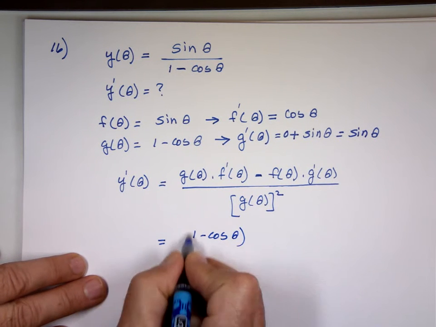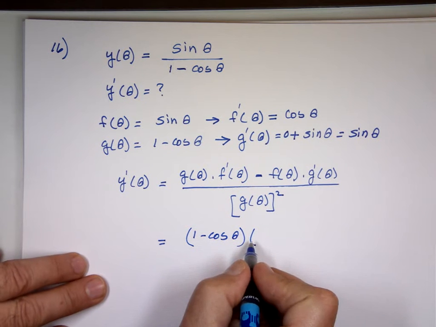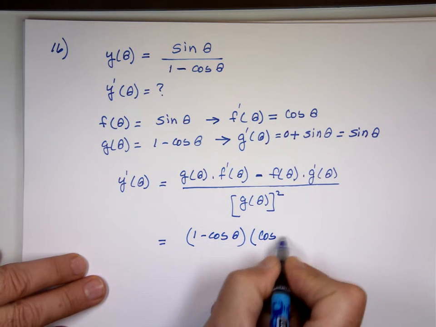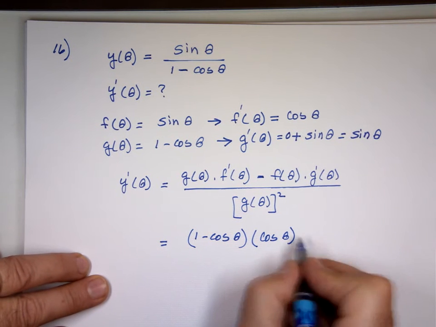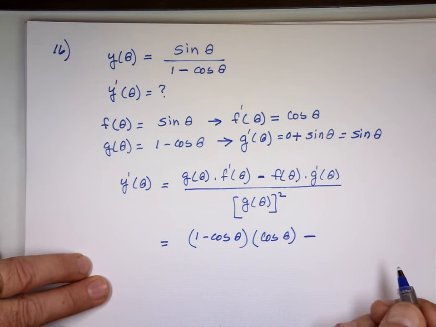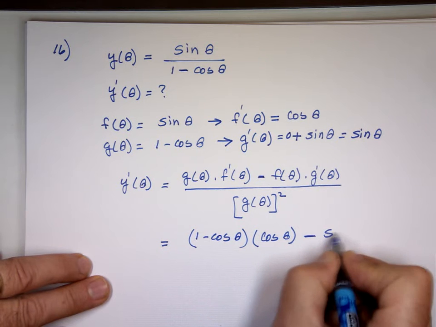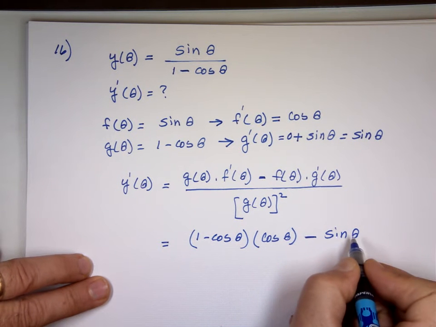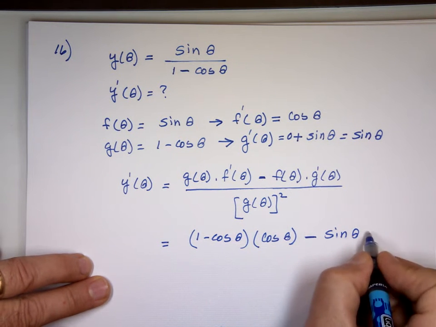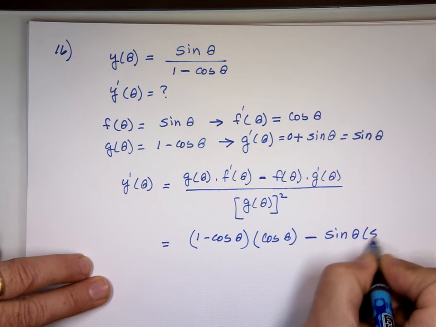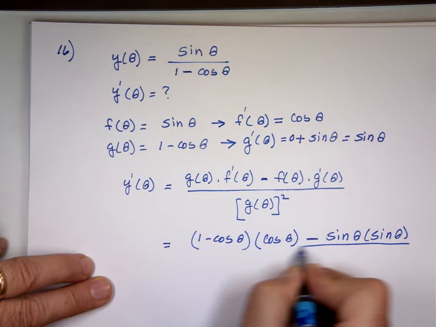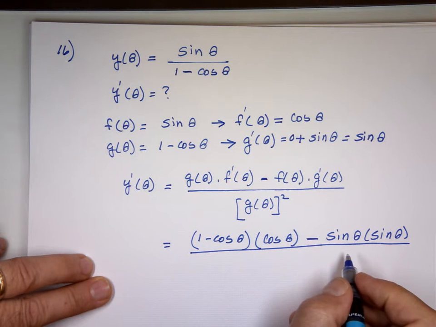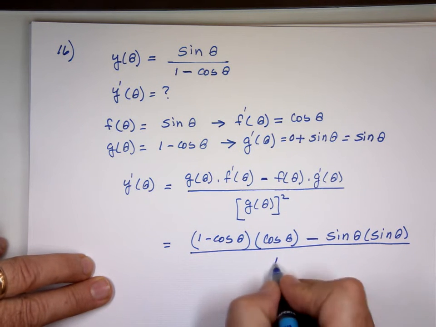F prime, what is f prime? Cosine theta. Minus f of theta, which is what? Sine theta. Times g prime, which is also what? Sine theta. Over g, which is 1 minus cosine theta squared.